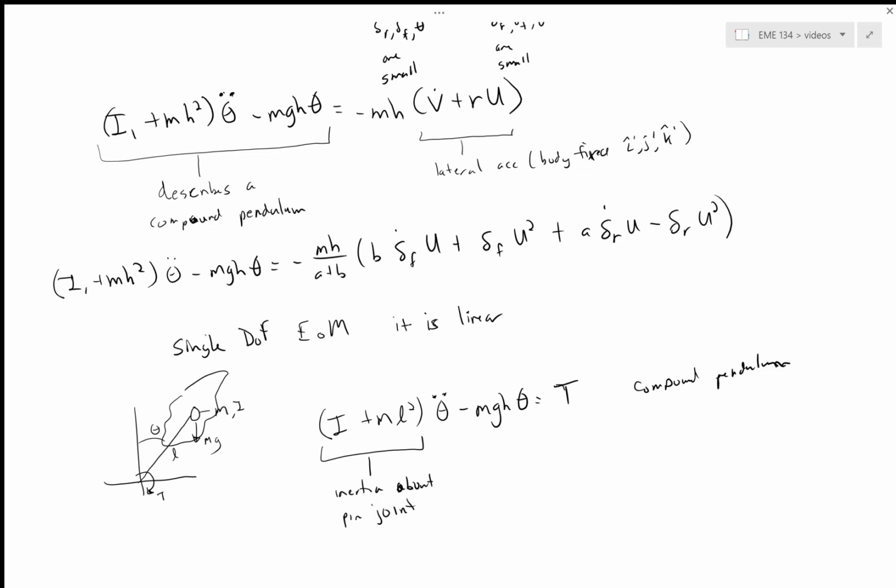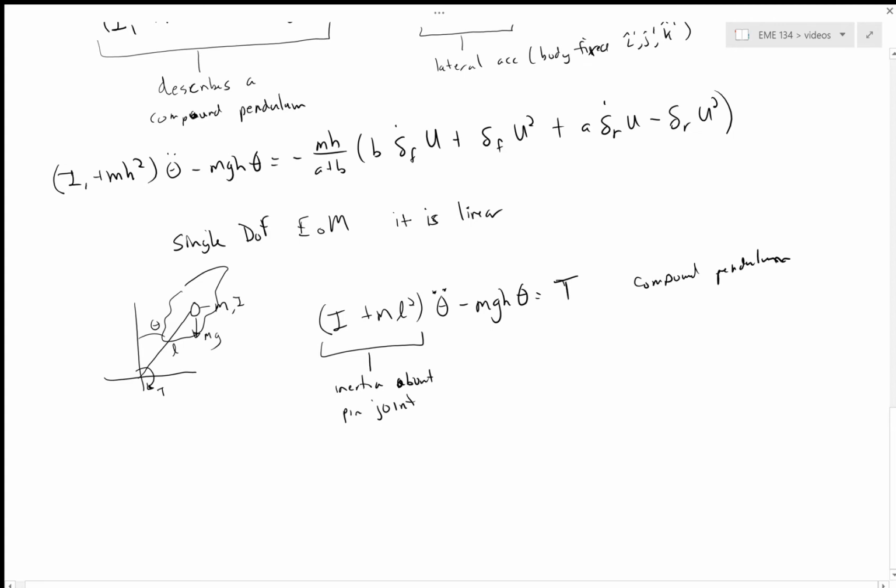So we basically have the equation for an inverted pendulum that represents this bicycle body, and our torque that's going to control the roll angle is governed by the deltas, right? And how fast you're going, and then some information about the geometry and mass of the vehicle.